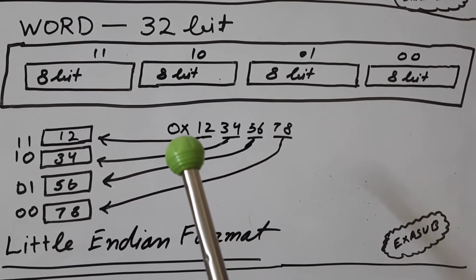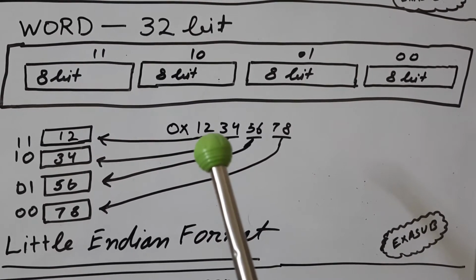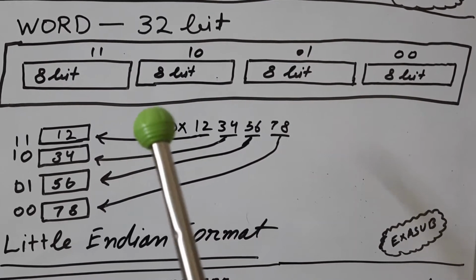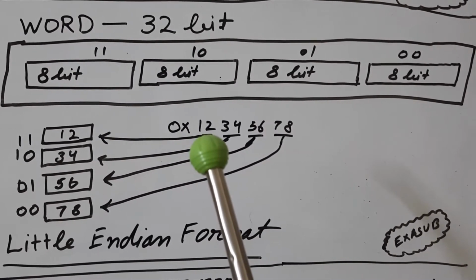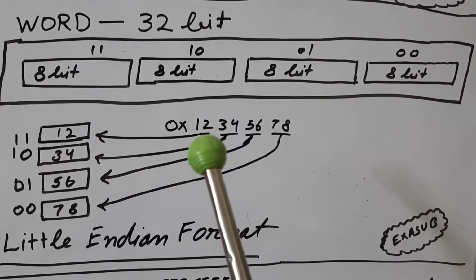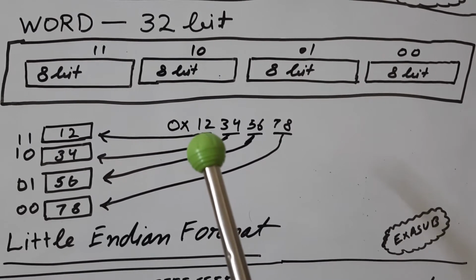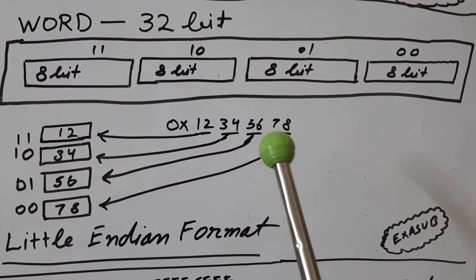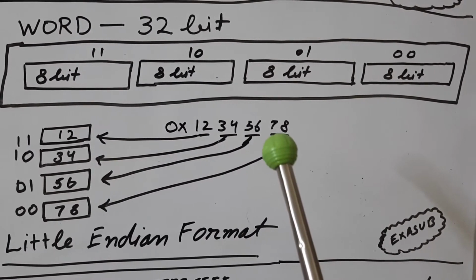Let's say we have a hexadecimal number of 32 bits. 0x represents that the number following is in the hexadecimal number system. So 12 is its MSB, and 78 is its LSB.